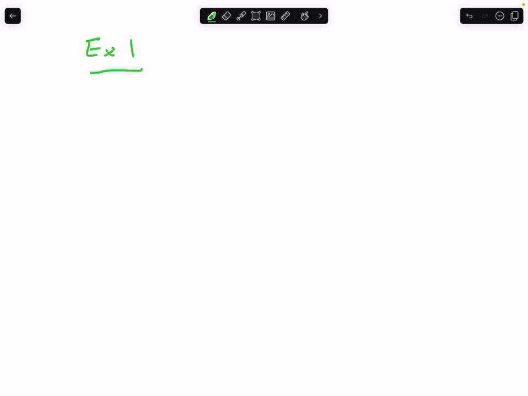Example 1. We want to evaluate. For our first part of this example, we want to consider 6 squared. Well, in this case, the number 6 is what we call the base.